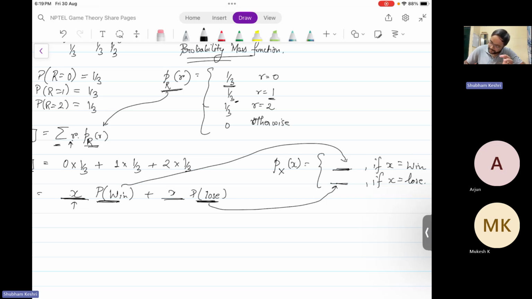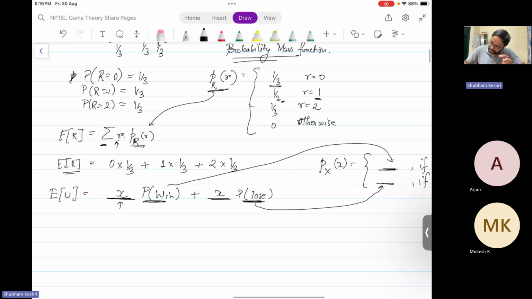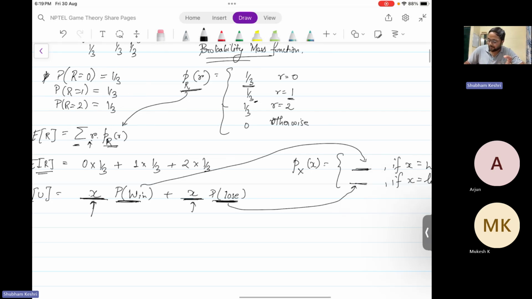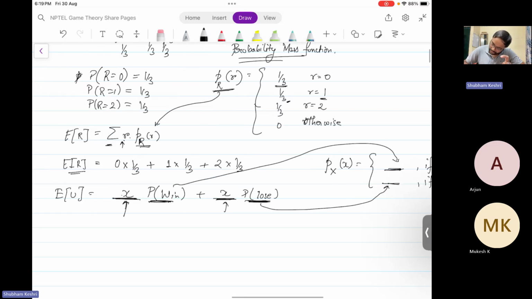And the value of x denotes the utility he gets in winning times the probability of win, plus the utility he gets when he loses times the probability of loss. All right, so this is how the expectation of any random variable is calculated. It is the value the random variable takes times the probability that it takes that value, summed over all the possible values the random variable can take.